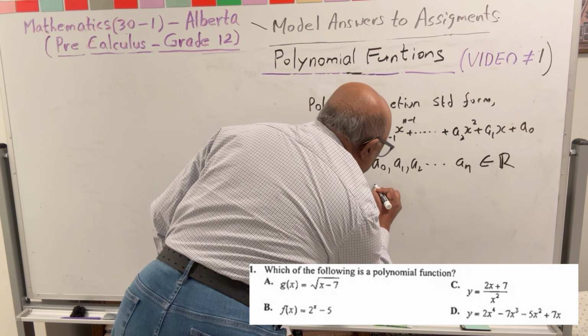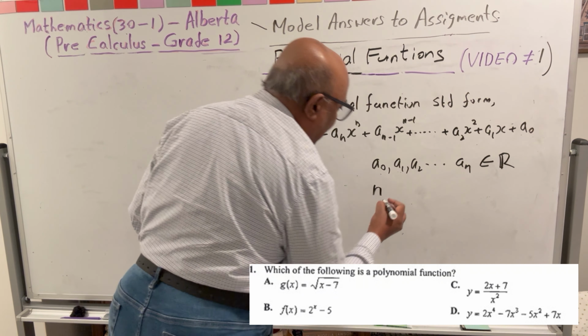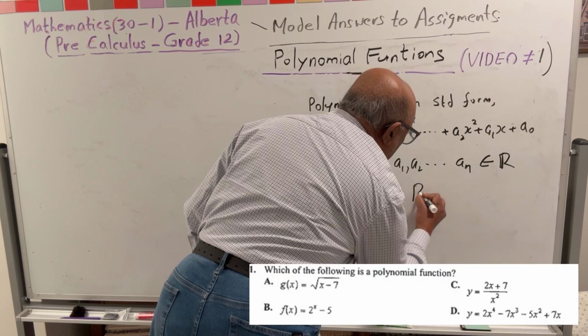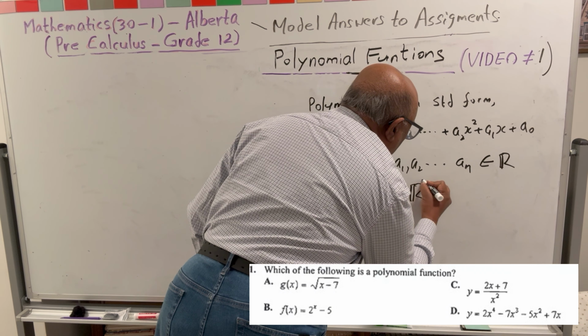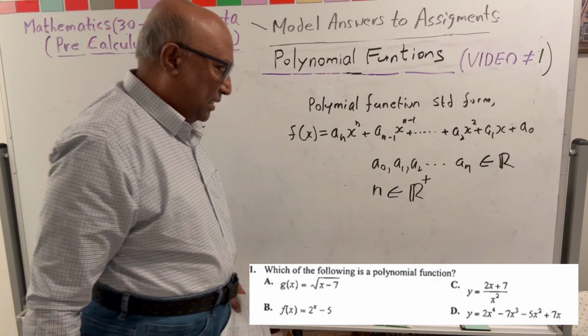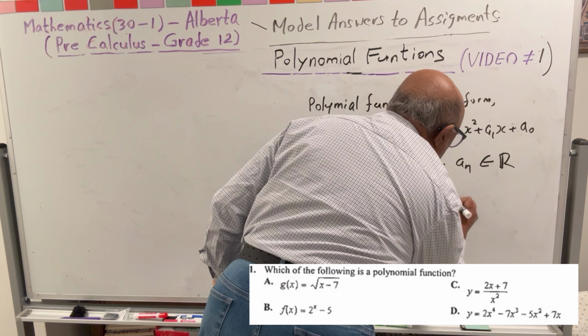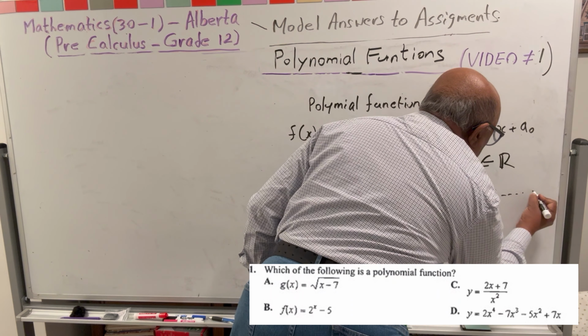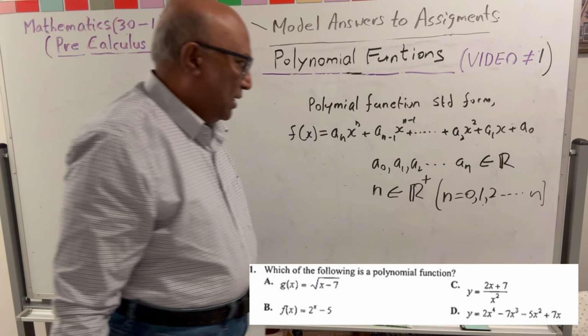What is n? n is a whole number. Otherwise, n is equal to 0, 1, 2, like that up to n. n is a whole number.